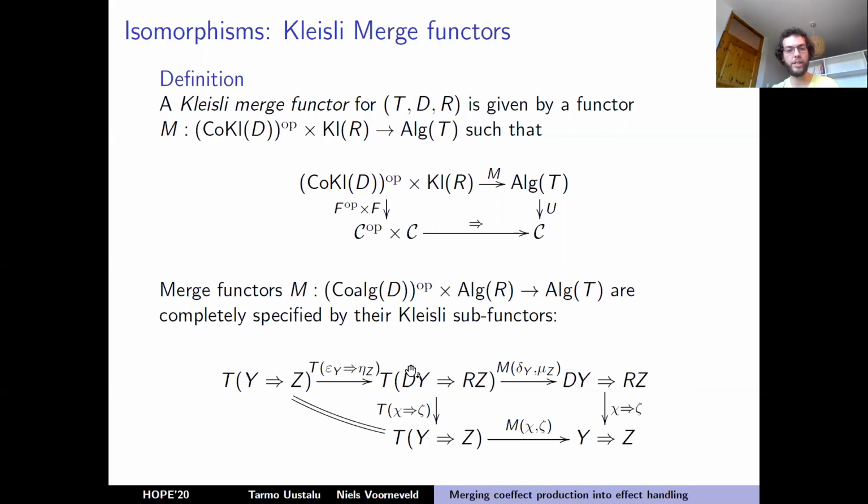And that can be seen by this nice diagram here, where you can see that if we apply the merge functor on the general coalgebra and algebra, it's completely specified by what it does on the co-free and free algebra here. Because what we can do is this composition here, where we start with the unit, then this on co-free and free ones, and then post-composing with the coalgebra and the algebra. That's what we can do.